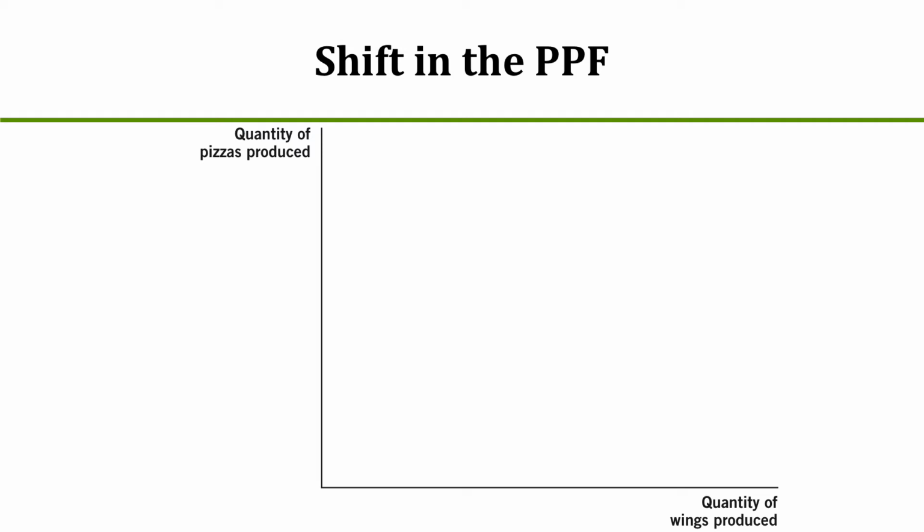As you know from the previous week, we created a model PPF and we used two goods to simplify the realistic world. In this case, we have pizza on the y-axis and wings on the x-axis. So we create our special PPF. In this PPF, we have specialization. That's why we have a bow-shaped PPF.